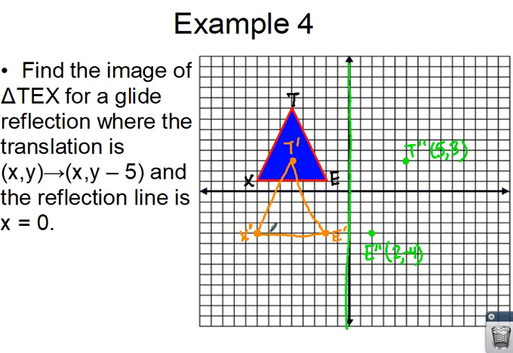And then X, 1, 2, 3, 4, 5, 6, 3, 4, 5, 6 right here. X double prime would be 8, negative 4. For these, I want the final coordinates. After you moved it both times, I want the final coordinates.